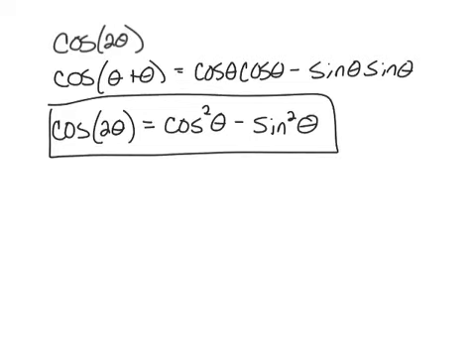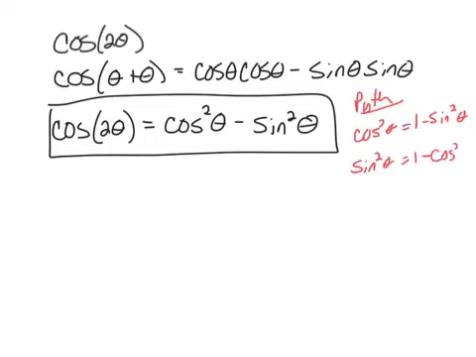Now, because we have a cosine squared and a sine squared, there's 2 other ways to write this, because remember, just as a side bubble, the Pythagorean identities: we have an expression for cosine squared, and that's equal to 1 minus sine squared. And sine squared is equal to 1 minus cosine squared. So we can substitute those things in and come up with 2 other expressions.